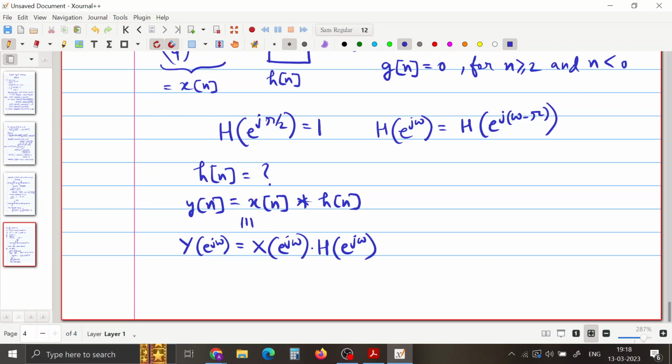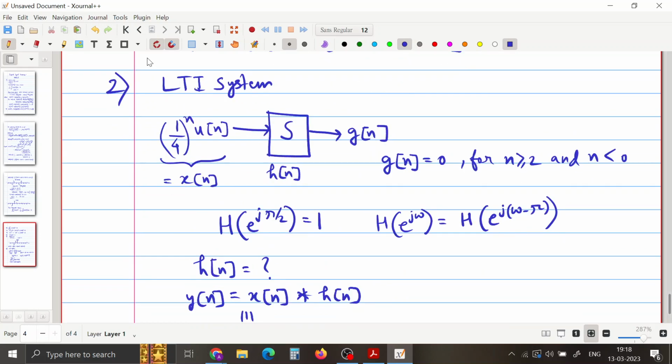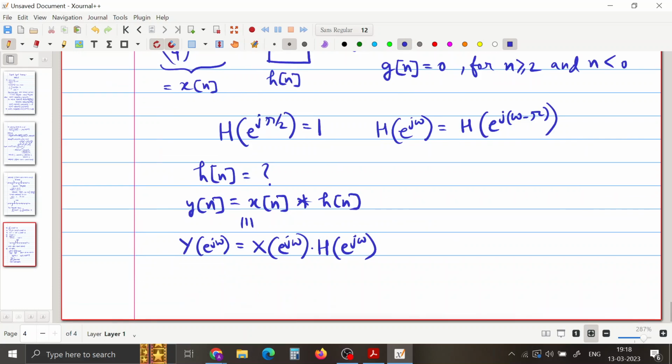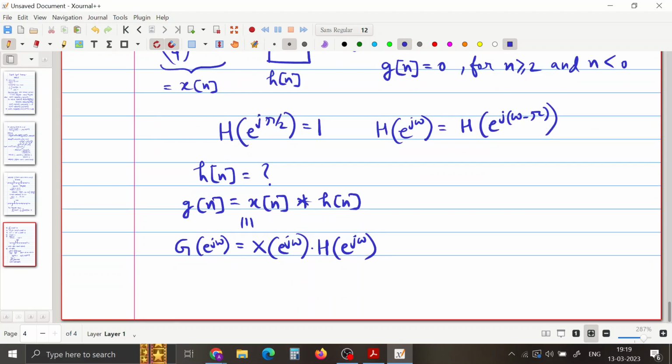Here the output is denoted by small g, so I'll stick to the notation given in the question. So I'll use capital G. We have been given x of n, the input: 1/4 raised to the power n times u of n.